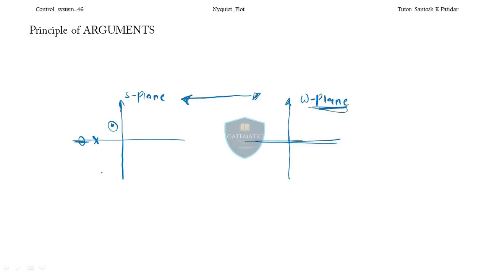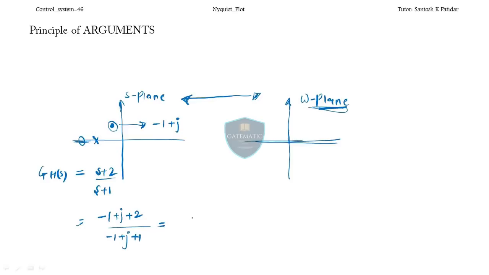For example, I'll show you. Suppose your G(s) is (s+2)/(s+1), given over here. Now the point I'm choosing is -1 + j0. Let's put this over here: (-1+j+2)/(-1+j+1).